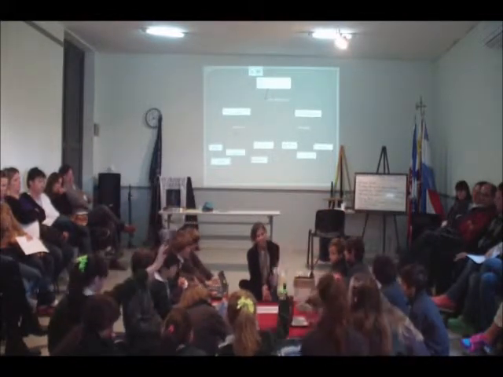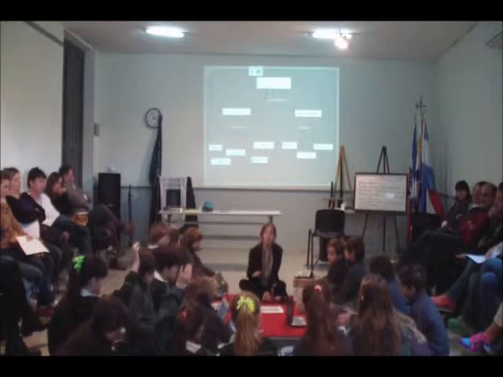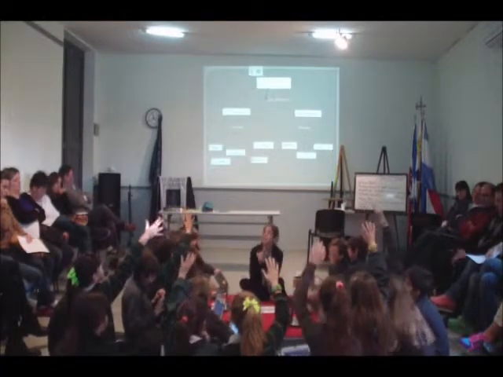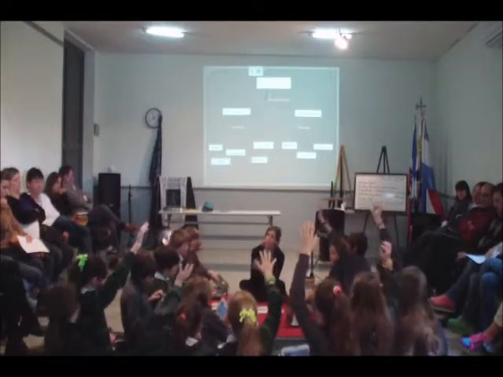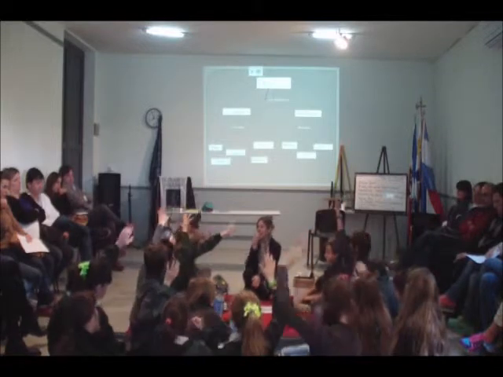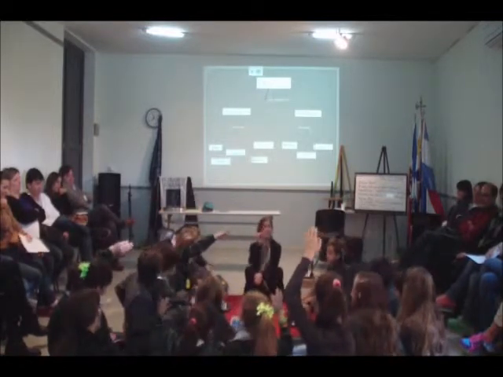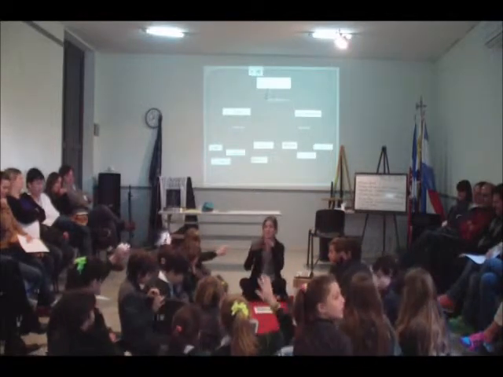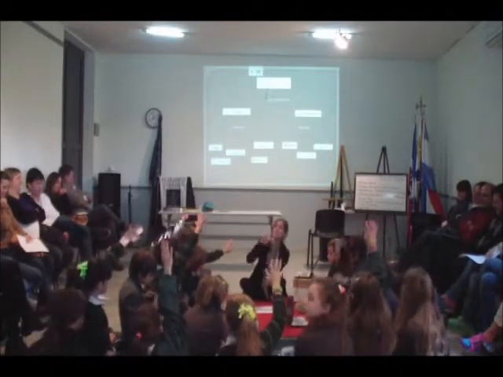Cells. Okay, we're all made of cells, as all living beings. When we put cells together, what do we get? Before we get organs, the same cells put together form tissues.